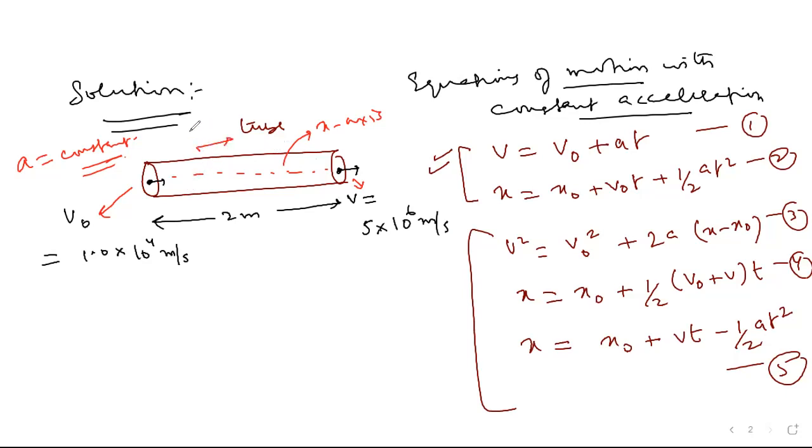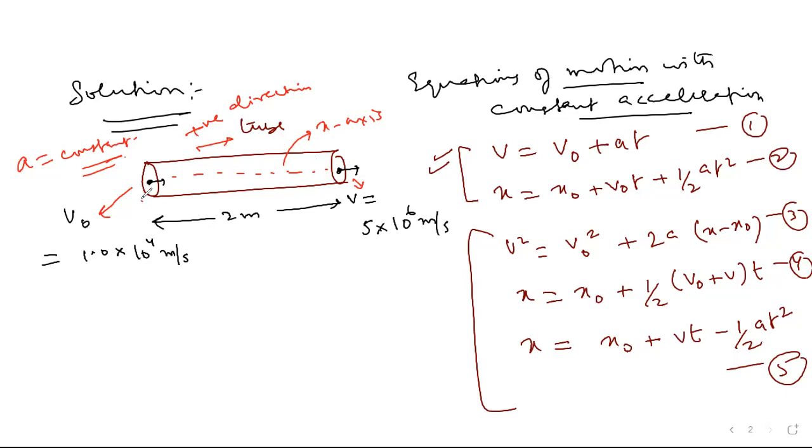So this is my positive direction. Positive x-axis is this way, to the right. This is your choice, but you have to interpret your results accordingly. So we are taking here x-axis parallel to the tube and positive direction in which the particle is moving.